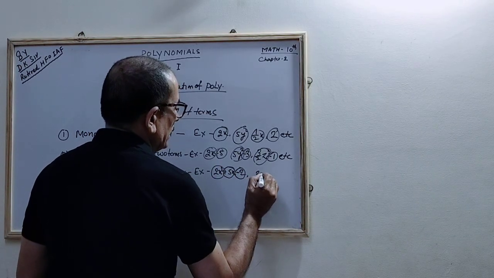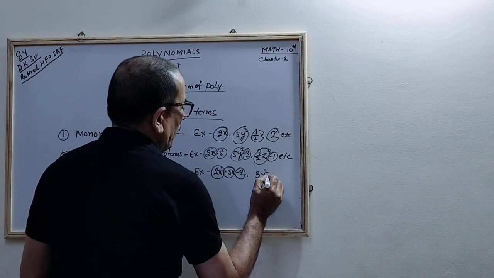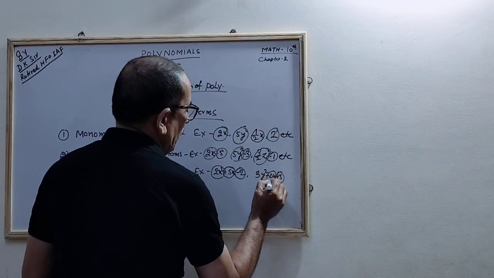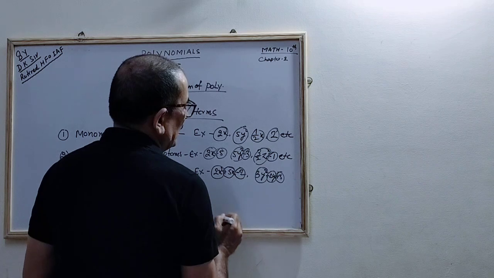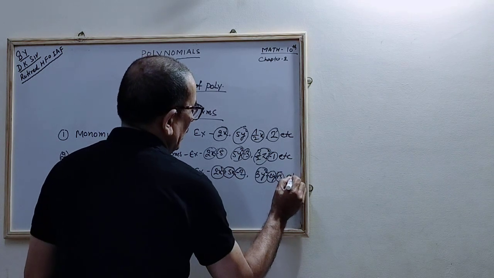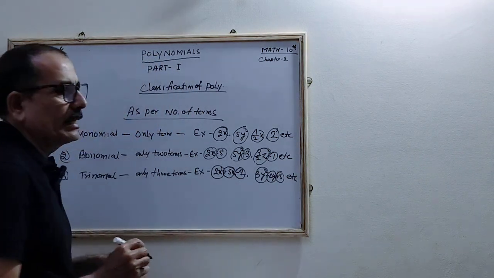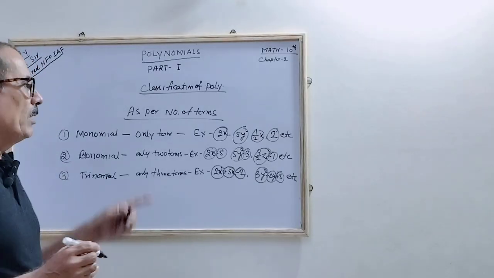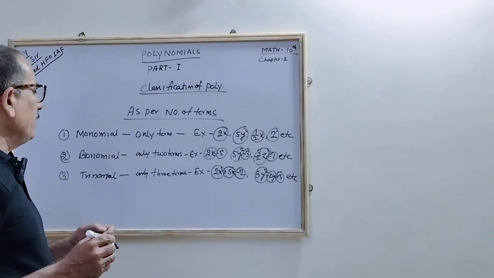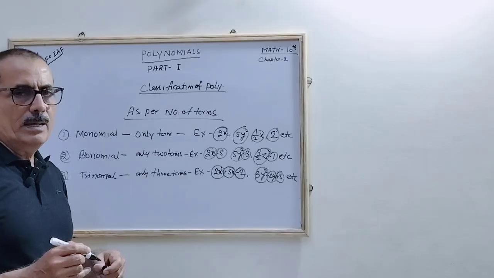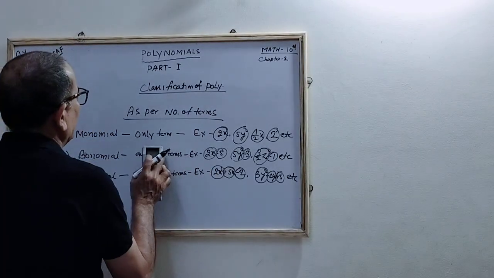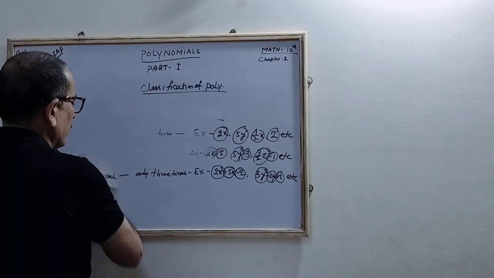Or 3y square minus 2y plus 5, or 5 minus 2y plus 3y square. Three terms are there. So this is called the trinomial. So we have understood that as per the number of terms, the polynomial can be given three parts: monomial, binomial, and trinomial.